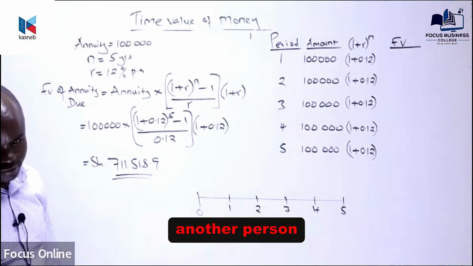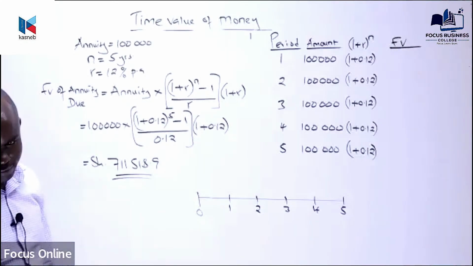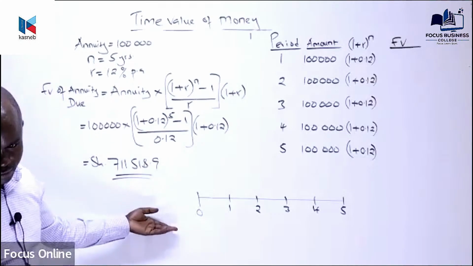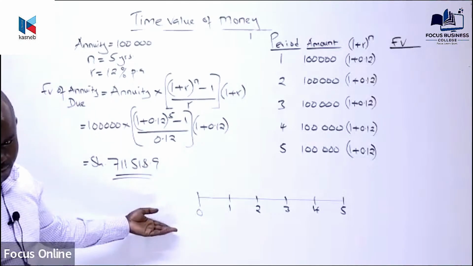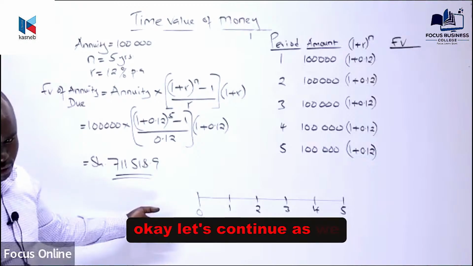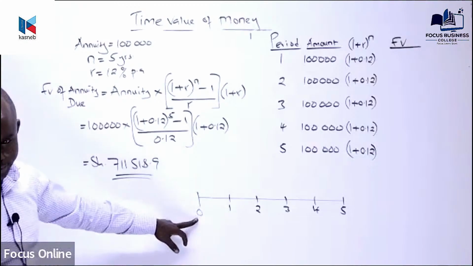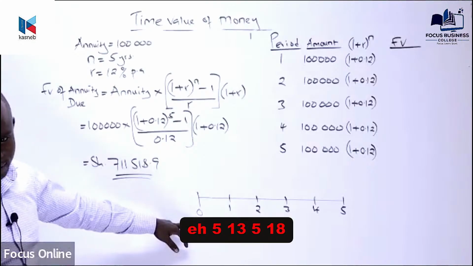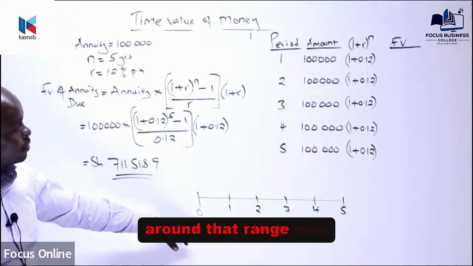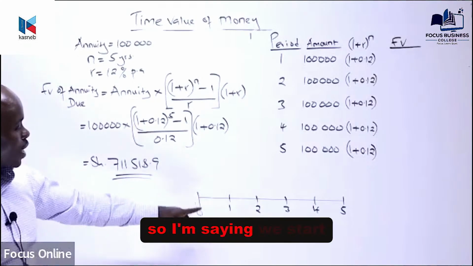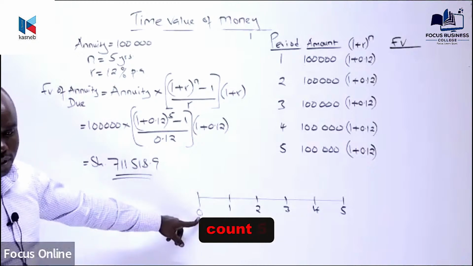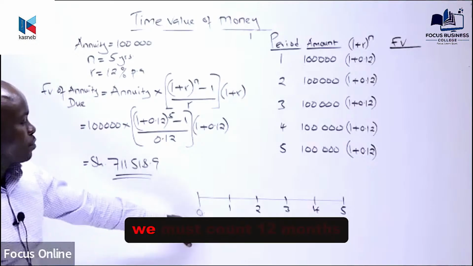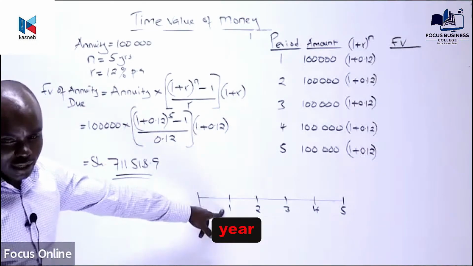A third person? Okay, let's continue as we wait. So 513, 518, around that range. Okay, fine. Let's go with 518.